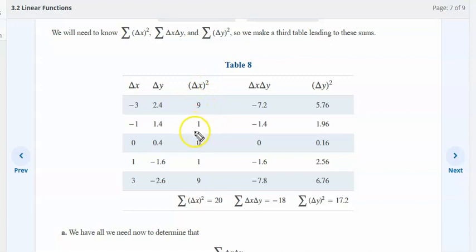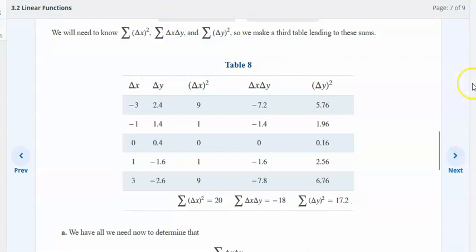Now we add up this column and we get 20. This is delta x squared. Here is the product, negative 18, adding up this column. Adding up delta y squared gives us this. Now, what do we do?